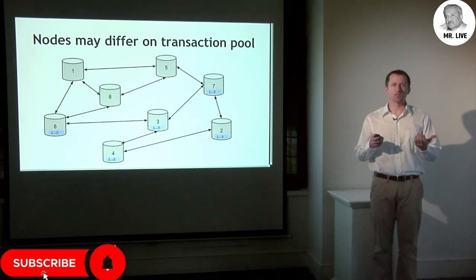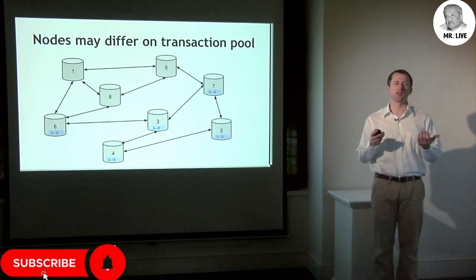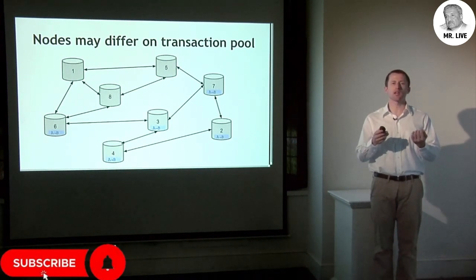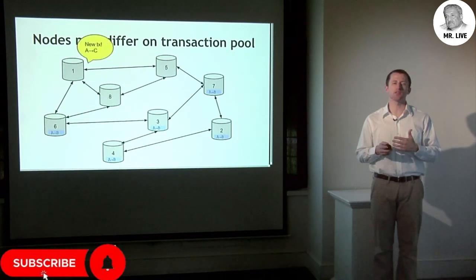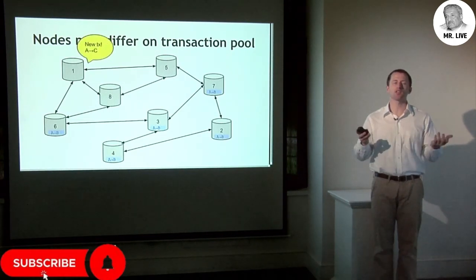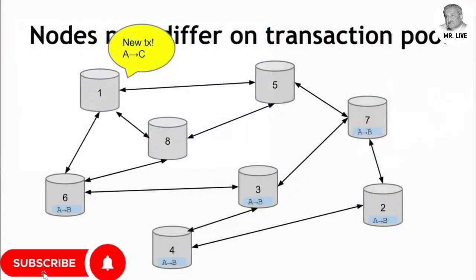So let's go back to this example where node 4 originally relayed a transaction where Alice was trying to pay Bob. And let's say that this transaction hasn't yet flooded to the entire network, and before it gets to everybody, node 1 is going to announce a new transaction and say, hey, I just heard Alice is trying to pay Charlie. Now from node 1's perspective, this is a valid transaction, and they haven't seen the other transaction where Alice is trying to pay Bob.